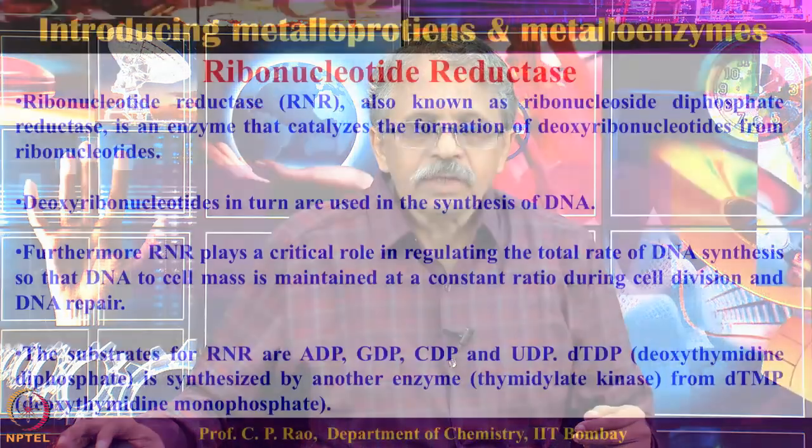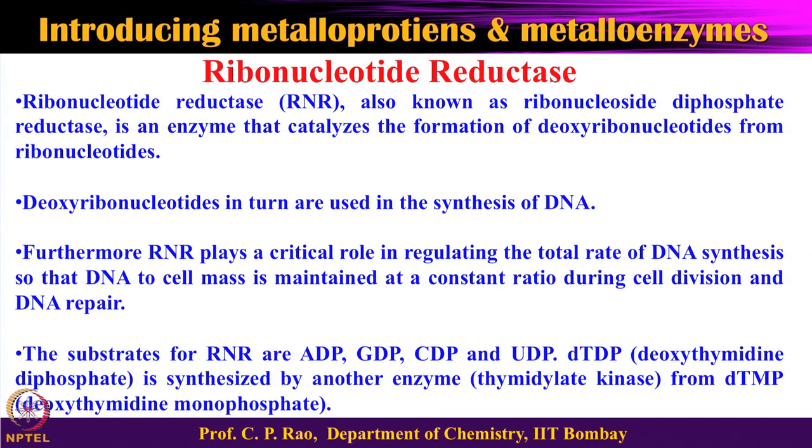The body entry is ribonucleoside, and you need a deoxyribonucleoside because the cell has to synthesize DNA. When cell division takes place, the nuclear material, DNA, also gets divided. So to synthesize the DNA you need the deoxyribonucleotides, and the entry to the body is ribonucleotides.